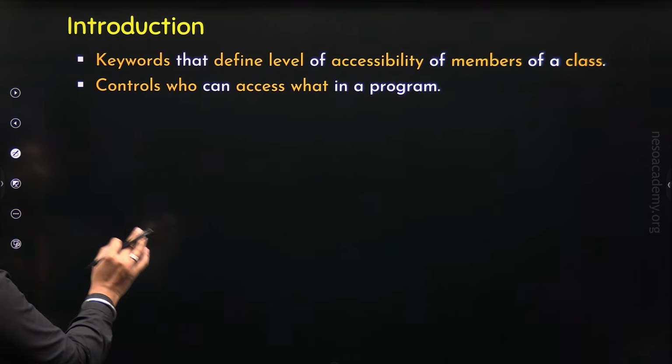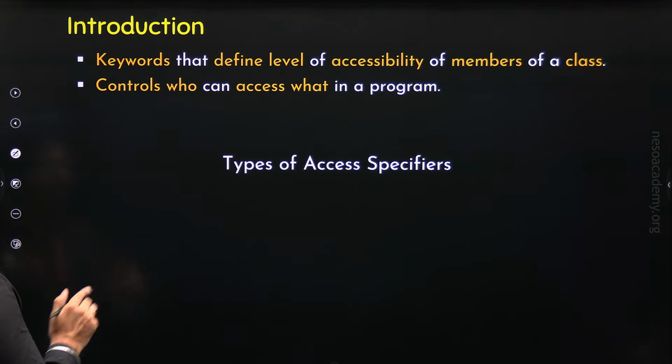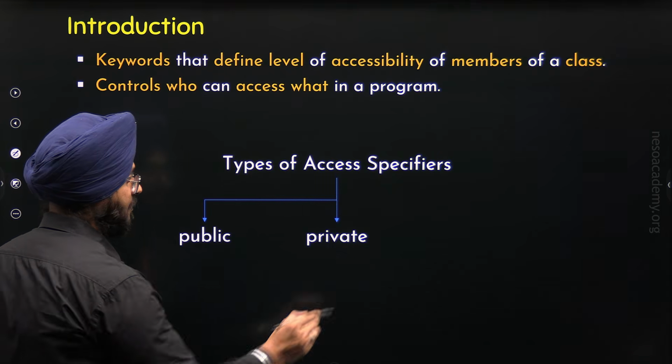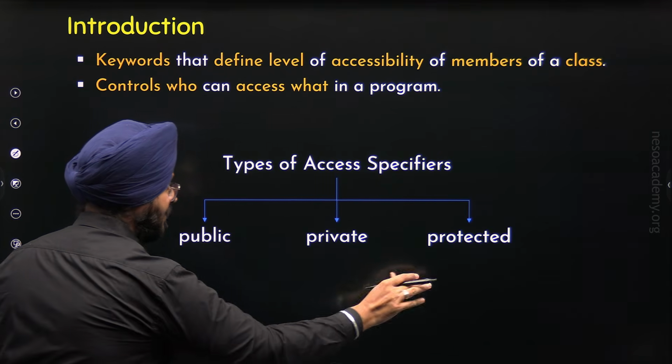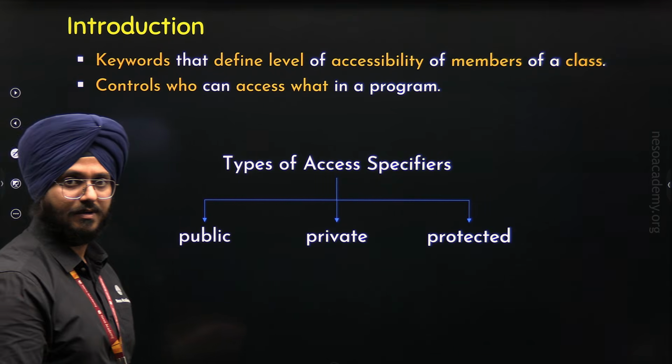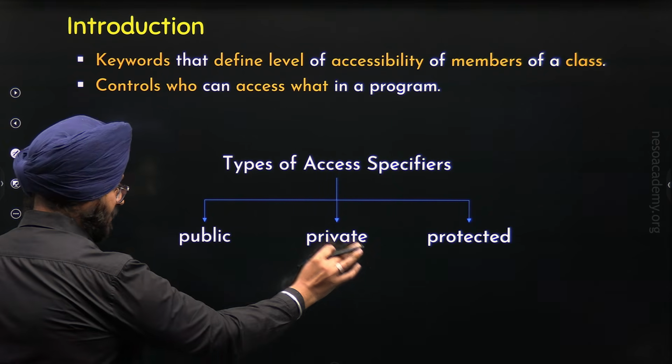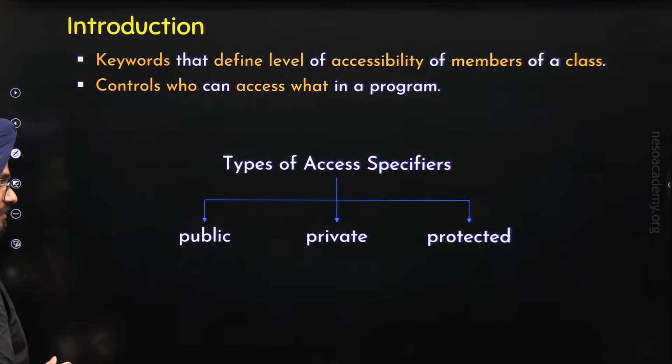We have three different types of access specifiers in C++: public, private, and protected. We already know the basics of public and private access specifiers from our previous discussions.